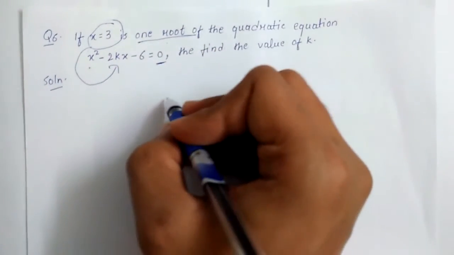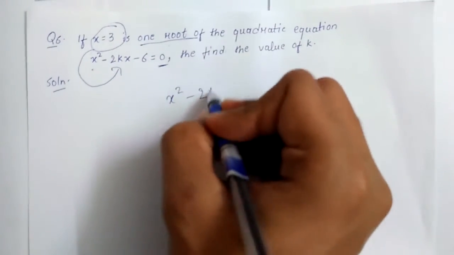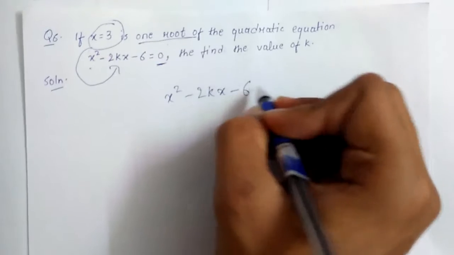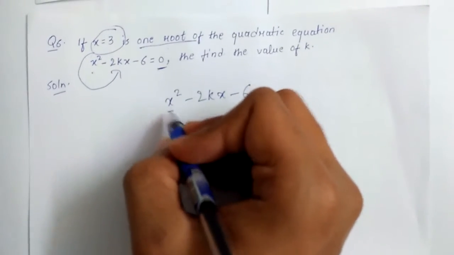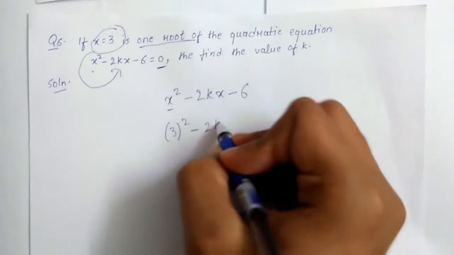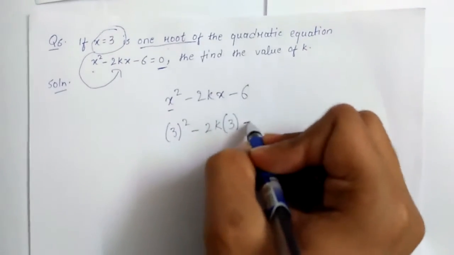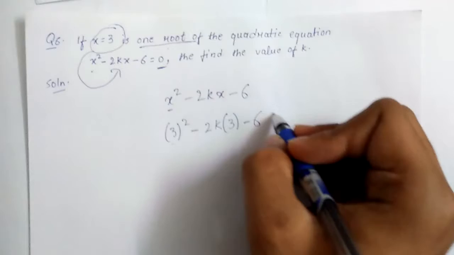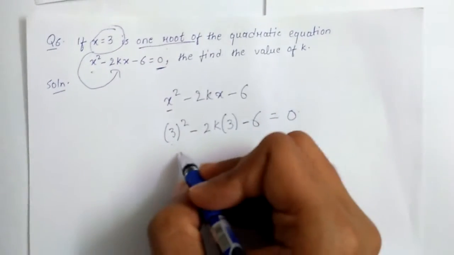So we substitute x equal to 3 in x square minus 2kx minus 6: 3 whole square minus 2 into k into 3 minus 6. Once you substitute, it should give the value 0.